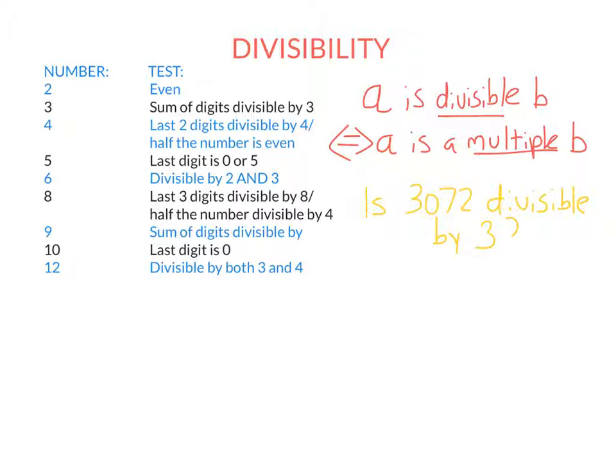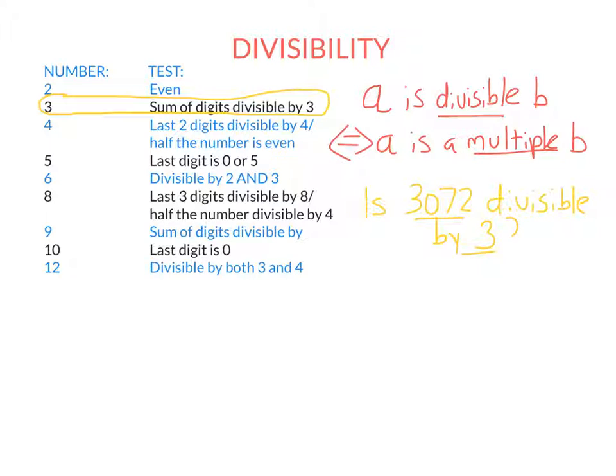So, if I want to know whether any number, in this case 3072, is divisible by 3, all I do is go to my table and look at this row here. So what this is saying is a number is divisible by 3 if and only if the sum of its digits is divisible by 3.